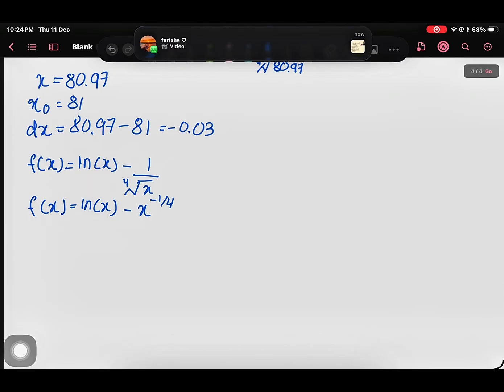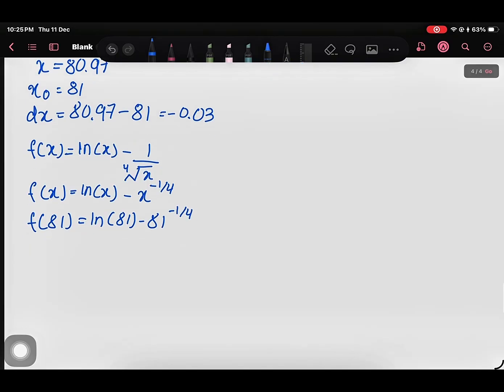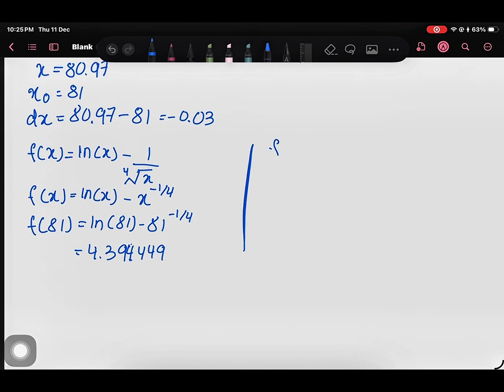Then we will change x to 81. It will become ln 81 minus 81 to the power of negative 1 over 4. It will become 4.394449. And then for the f prime x equal to 1 over x plus 1 over 4x to the power of negative 5 over 4. And then we will change x equal to 81.